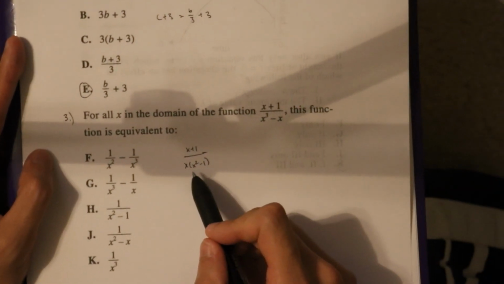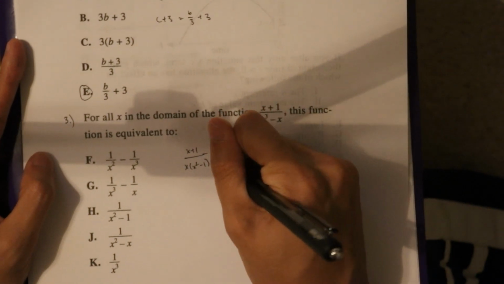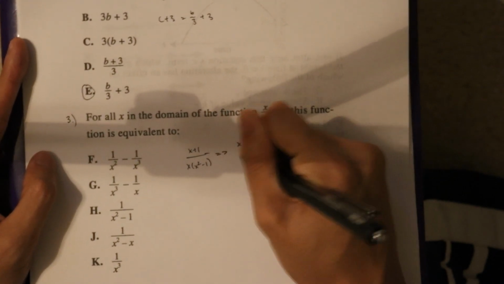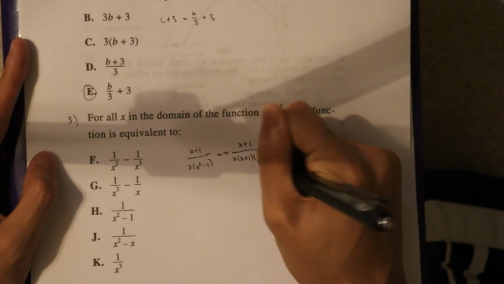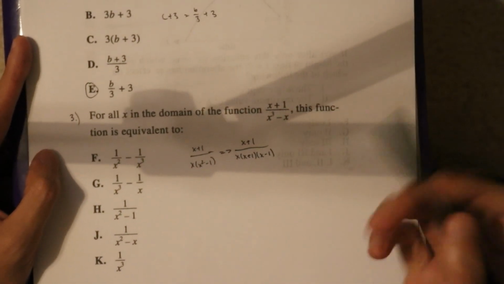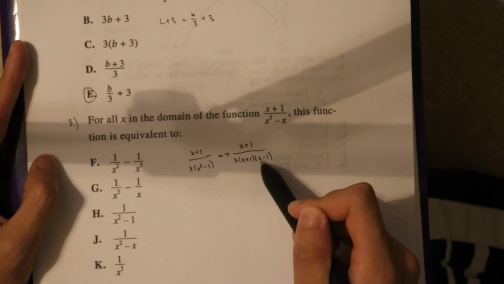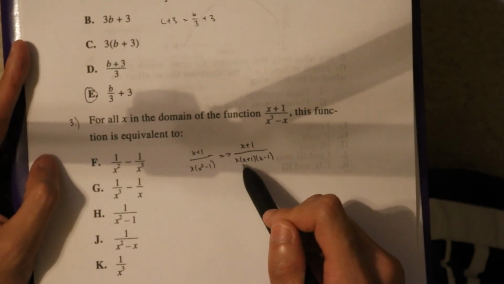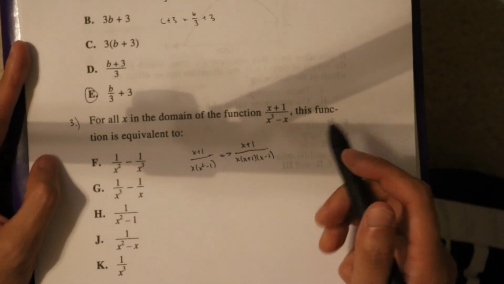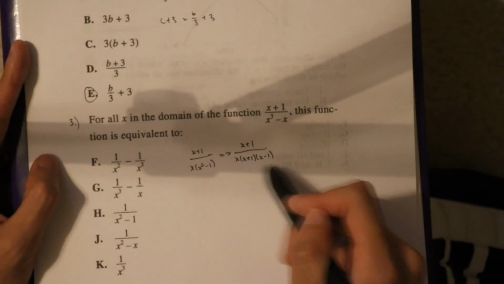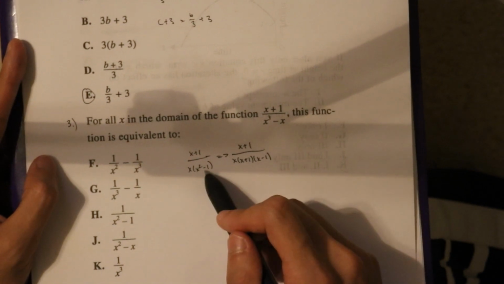Now you can factor this further into products, so you would have x plus 1 times x plus 1 times x minus 1. You can verify this yourself if you need to. You have x squared, then x times minus 1, so negative x, and then 1 times x. Those terms cancel out, and then you have positive 1 times negative 1, which gives you negative 1 right here.